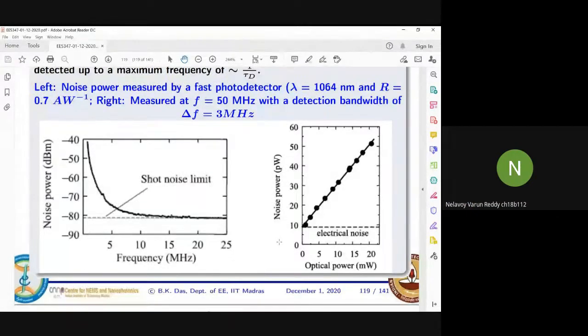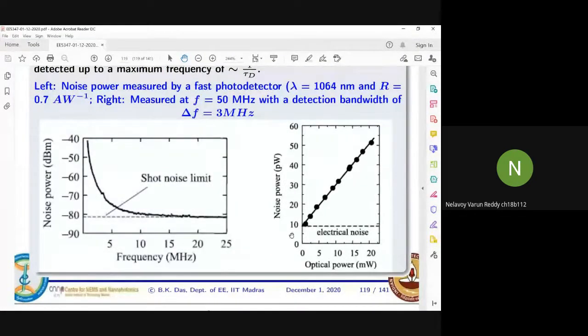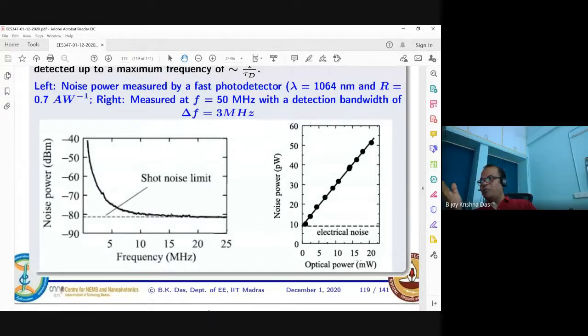Yeah, I think so, sir. Like, more power is incident, then there might be. You see, as you increase this optical power, your mean current in the photodetector, the average current, will be proportional. That is what we have shown earlier, whenever we showed the relationship with efficiency.